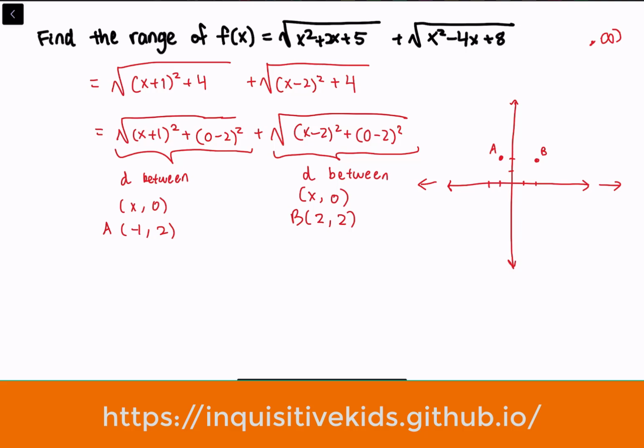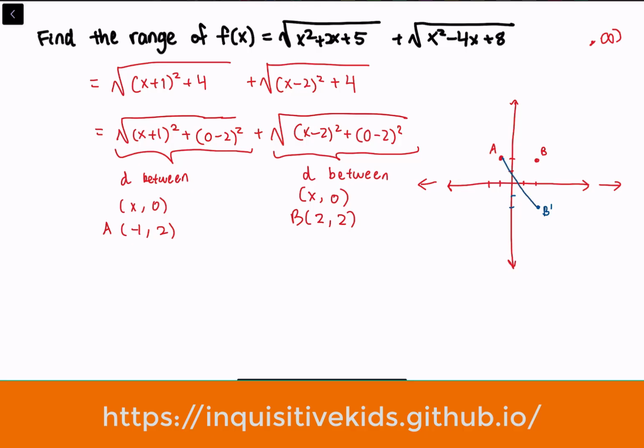So a way to solve this problem is taking one of these points, A or B, and then reflecting it over the x-axis. So let's reflect B into B prime. We know that a straight line is always the fastest or the shortest distance. Now we're going to connect A and B prime.